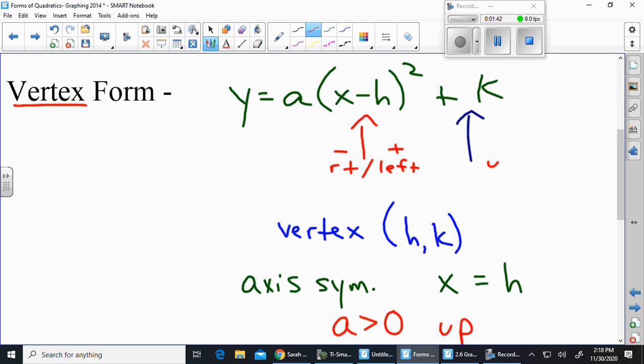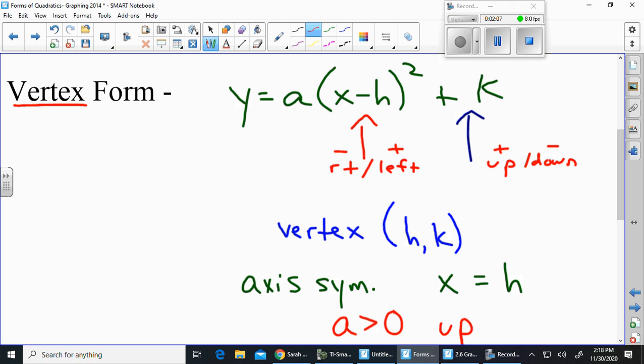K, it's going up and down correctly. Up is plus, down is minus. But if you think of that right, left, up, down move, your vertex is the opposite of what you see inside. If it's minus h, it's positive h. If it's plus h, it's negative h. And then k.